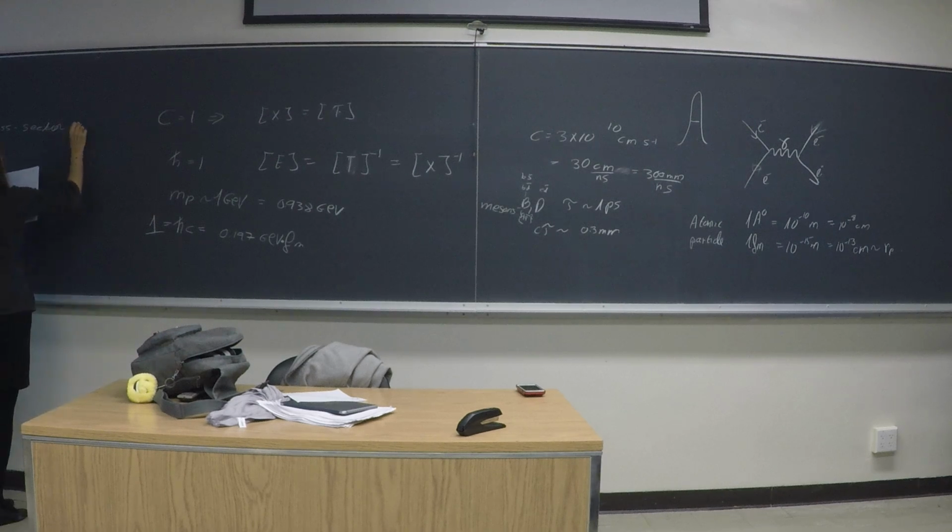The unit that we call is called barn. I don't know why the name barn. Yeah, because they were keeping it secret during World War II. Oh yeah, something like that. So one barn is 10 to the minus 24 centimeters squared.